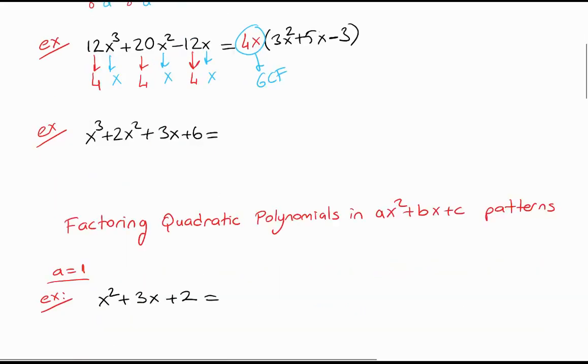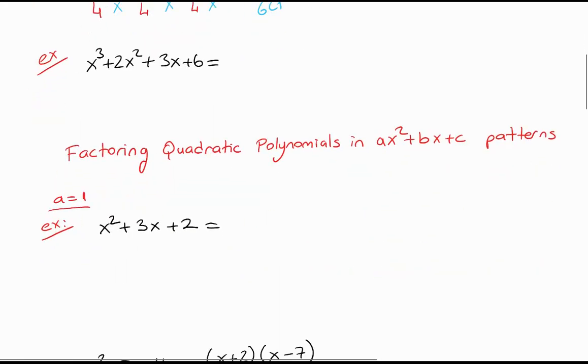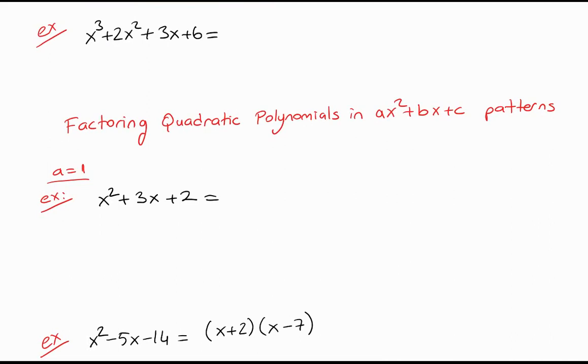Okay. One more example. In this example, there are more than 3 terms, so I'm thinking we can make group factoring. In this group, the greatest common factor is x squared.